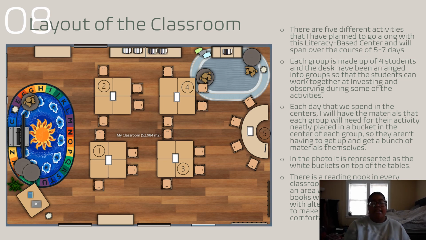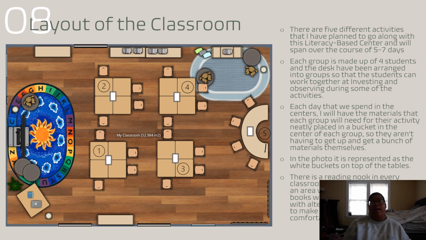But like I previously stated, each group would be made up of 4 students, and the desks have been arranged into groups to make it easier. In each group, there is a bucket of materials. As you can see, it's represented in the photo as the white buckets in the center of each table.